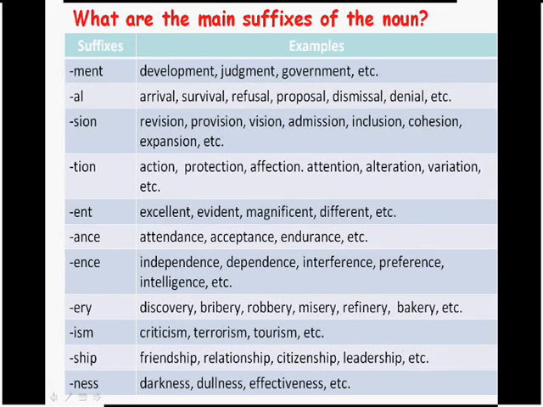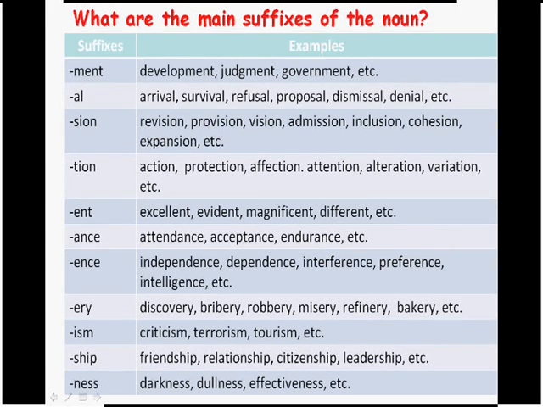Then I have the suffix ism, like criticism, terrorism, tourism. So I have criticism, ism at the end, terrorism, and tourism.